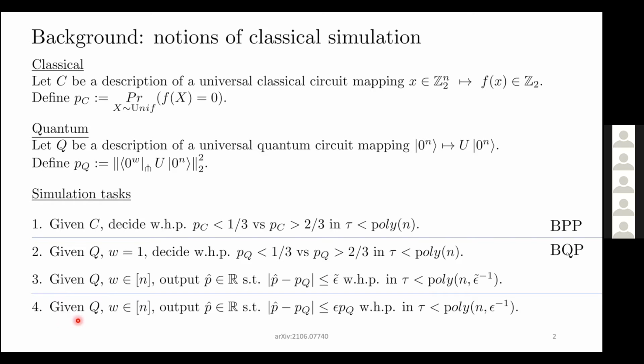And the task is as follows. Given a description of a quantum circuit, output an estimate of the vulnerable probability to what is called relative error. So now the amount of error you have has to be some fraction of the true vulnerable probability. And since this vulnerable probability can in general be exponentially small, it's actually a really strong requirement on the accuracy.